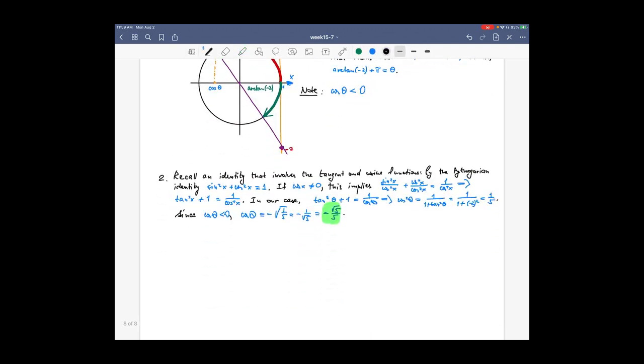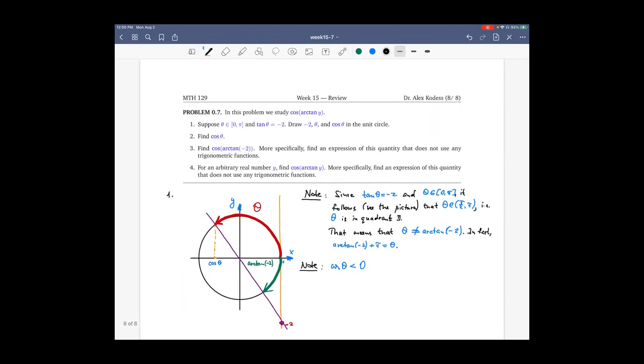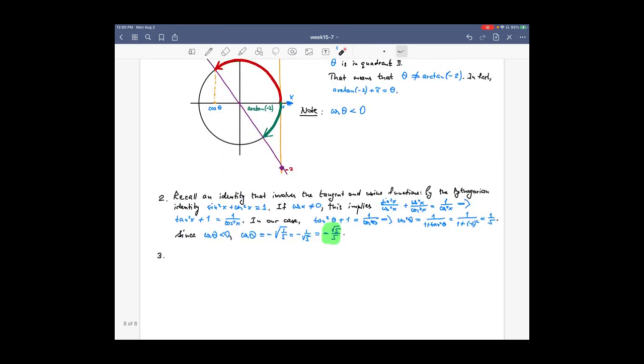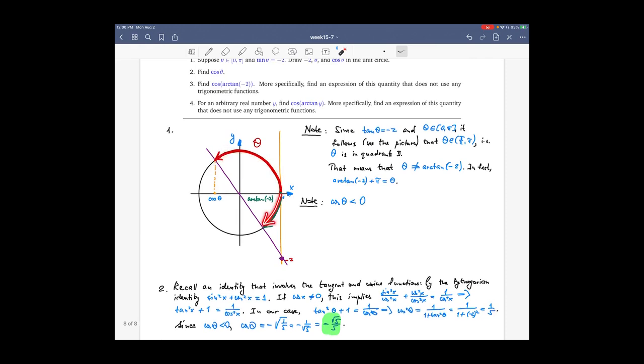It might be tempting to say that cosine of arctangent of -2 is the same as cosine theta, but it's definitely wrong, because if you look at the picture, here is theta, it's in quadrant 2, and arctangent of -2 is in quadrant 4. Of course, these points are diametrically opposite, and so their sines and cosines are equal by absolute value and different by sign.